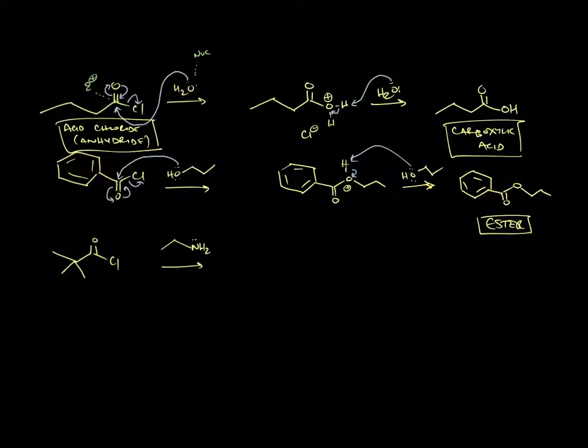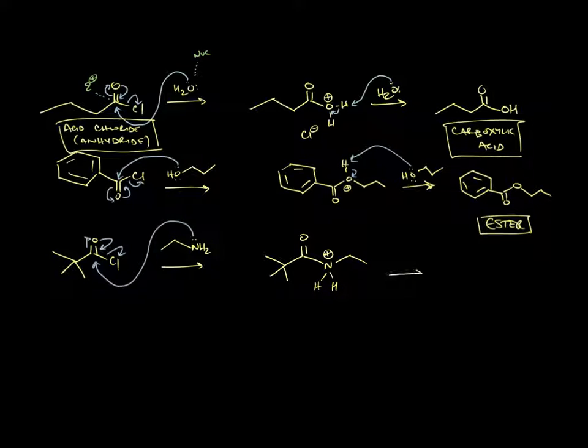Finally, in this third one, again, we're doing the exact same thing. Our nitrogen will attack, kick electrons up to that O. Oops, they slingshot back down again and kick off the chlorine. And now instead of the chlorine, I would have a nitrogen attached. So this whole part of the molecule remains the same, but instead of having the chlorine there, we'll have an N with 2 H's, and it would still have that ethyl group. So once again, I have a positively charged species, and we need to deprotonate it.